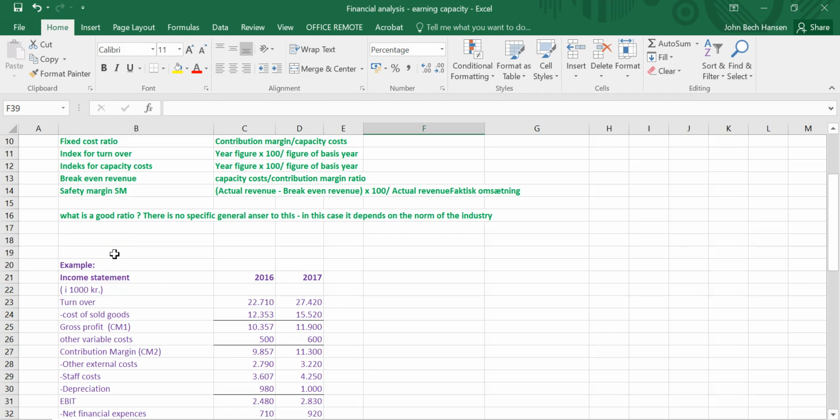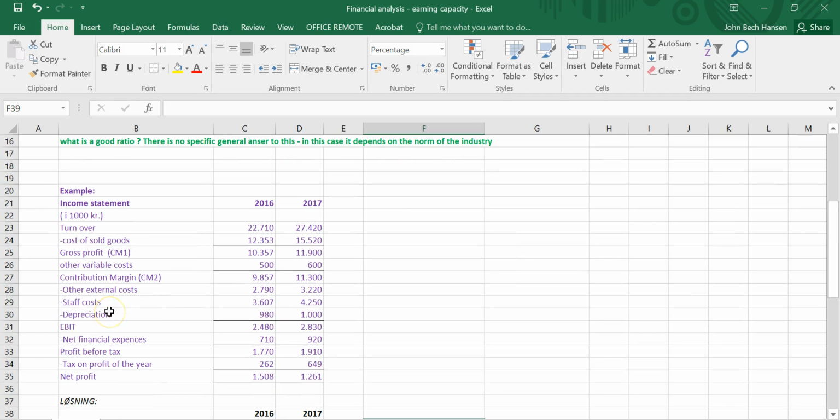And of course it's also used to manage the company, to find out where we should take some actions, because you must remember that an internal analysis in the company is used not only to generate knowledge, but also actions based on this knowledge. Okay, so this is an internal income statement made for the purpose of analysis.